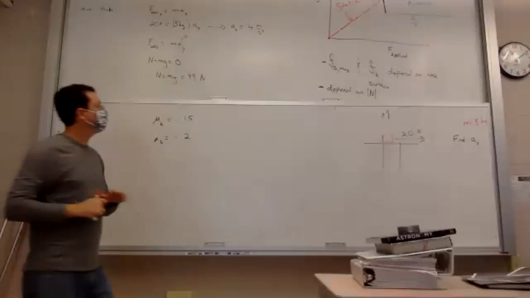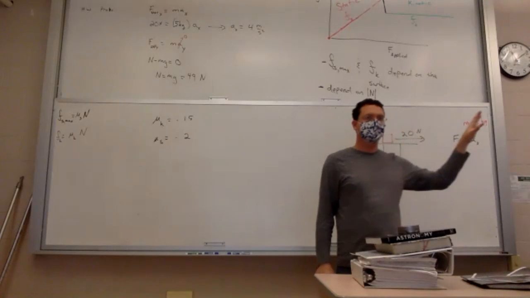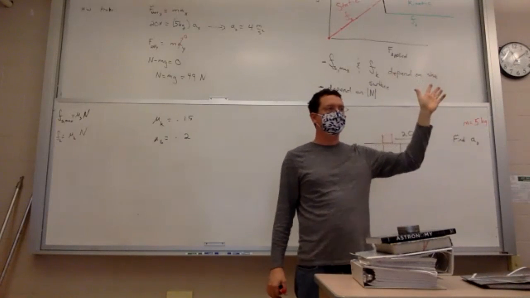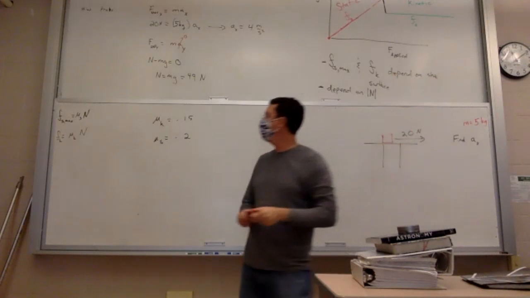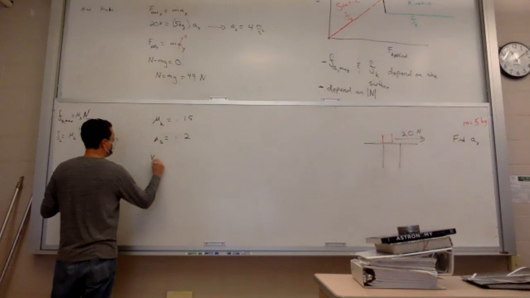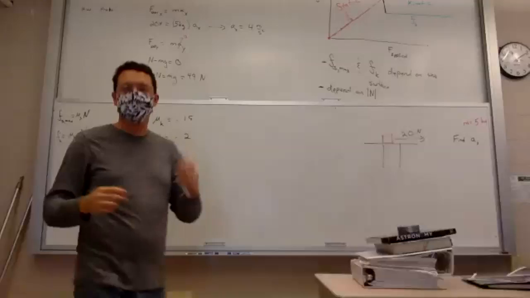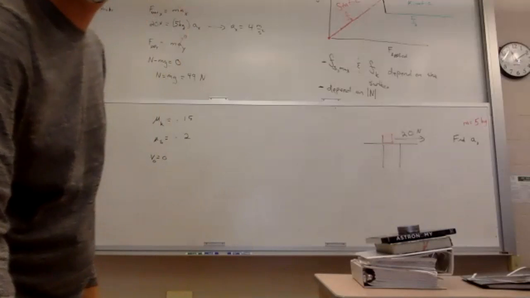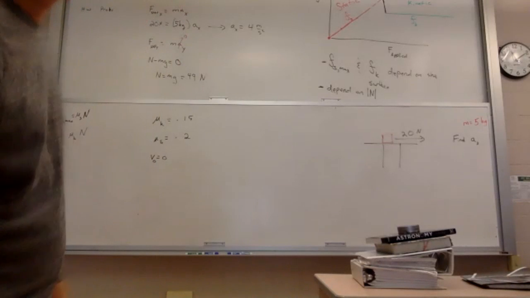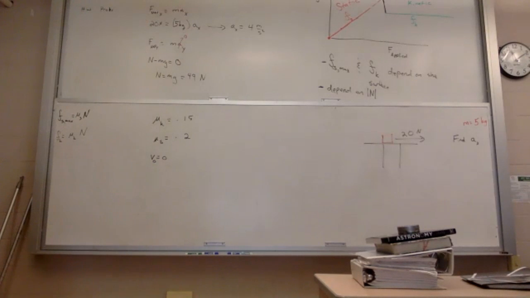All right. So let's imagine it starts out at rest. Okay, it starts out at rest. So assume the initial is 0. Now, same basic situation, but now we've included friction. So if we've included friction now, the first thing we want to know is, is it going to remain at rest?